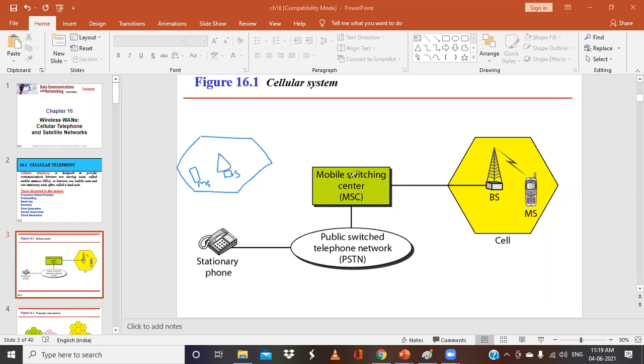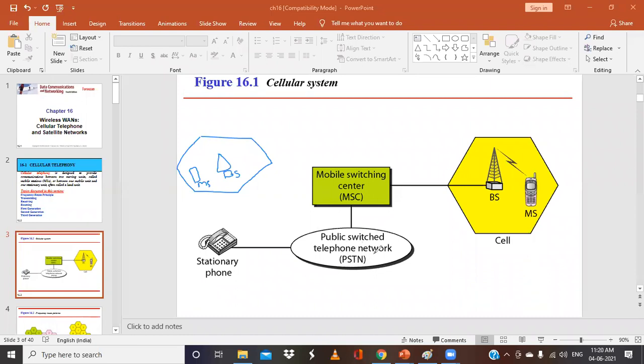that manages the communication between the base station and the telephone central office. In a real-world example, the public switched telephone network, or PSTN, is our service provider, or main central office. If you consider BSNL, we have the BSNL office at the railway station.